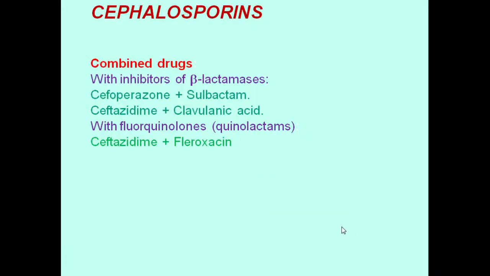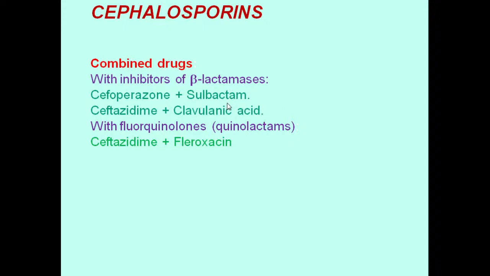Combined drugs: ready-made drugs of cephalosporins with an additional agent. Combination with inhibitors of beta-lactamases: cefoperazone, third generation, plus sulbactam. This is one of the clavams. Ceftazidime, also third generation, plus clavulanic acid, also a clavam.